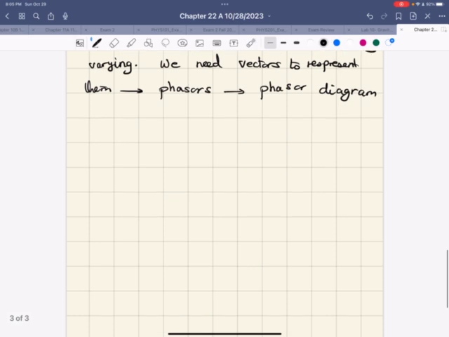For example, let's assume I want to represent the current as a phasor. This is O, and this is my I0.